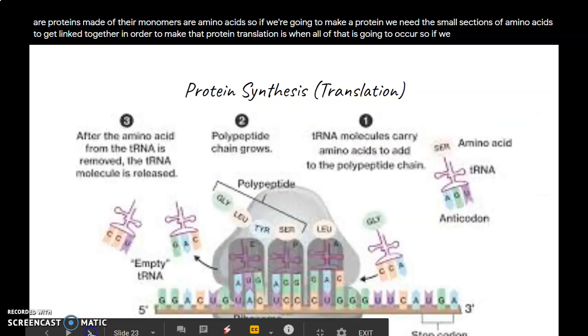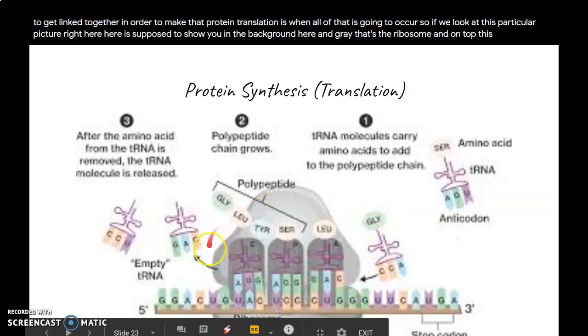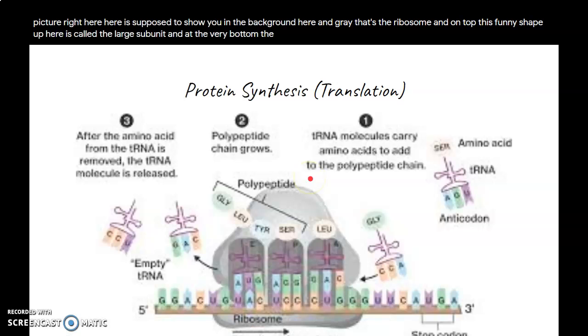So if we look at this particular picture right here, here is supposed to show you in the background in gray, that's the ribosome. And on top, this funny shape up here is called the large subunit. And at the very bottom, the smaller portion is called the small subunit.